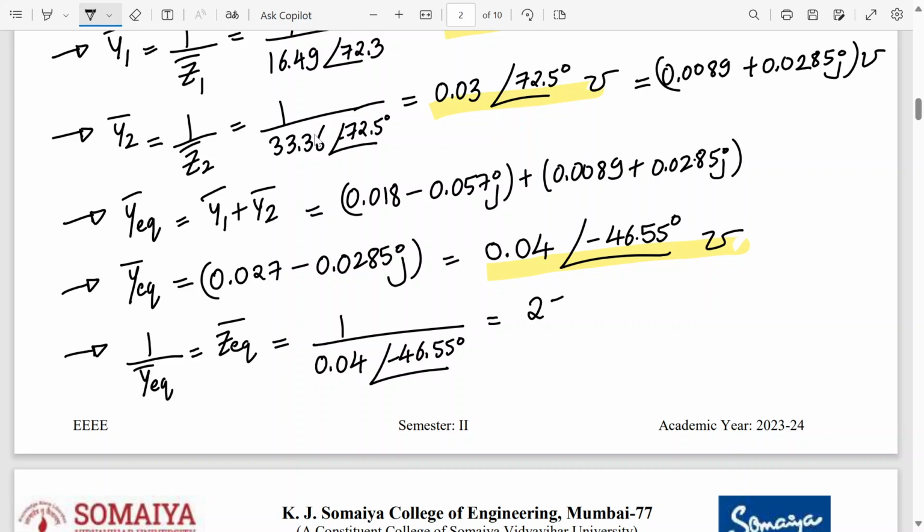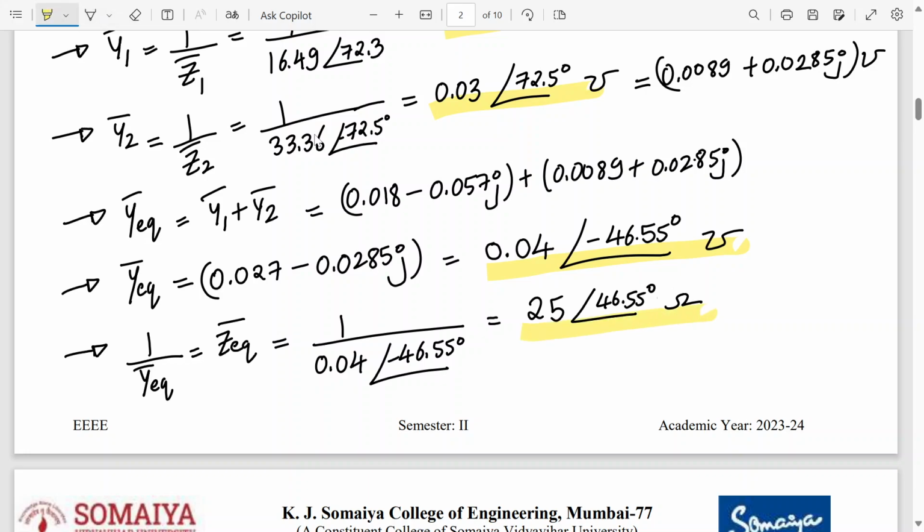This will be 25 something at an angle. How much exactly? Okay, 25 angle 46.55. So this is my equivalent impedance of the circuit.